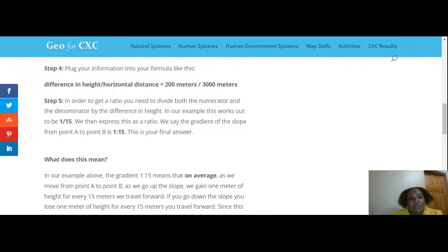In order to make it a ratio, it means that you have to convert your numerator to 1. And whatever you do on the numerator, you also have to do on the denominator. So it will be 200 divided by 200, then 3,000 divided by 200. And you will see that gives you 1 over 15. A gradient is always expressed as a ratio. So you have to write it 1 to 15. Everybody understand that?